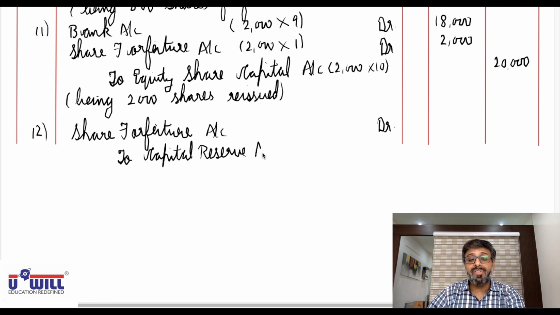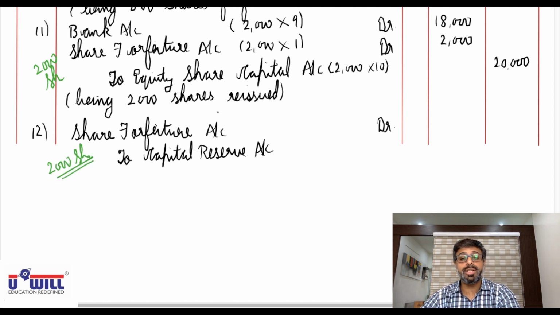Now amount of profit, be careful. Since 2000 shares are reissued, profit will be calculated on same 2000 shares. So how will you find the profit on these 2000 shares?